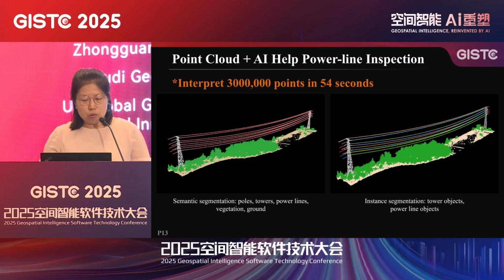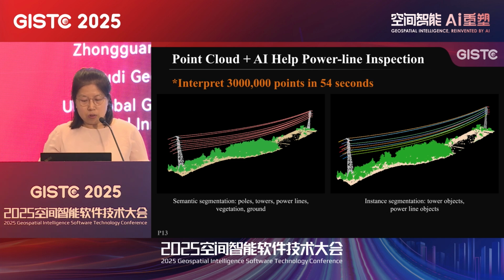In addition to AI-powered building modeling, we have introduced AI-based point cloud instance segmentation for the power industry. This technology automatically performs semantic segmentation on categories like poles, power lines, vegetation, and ground.